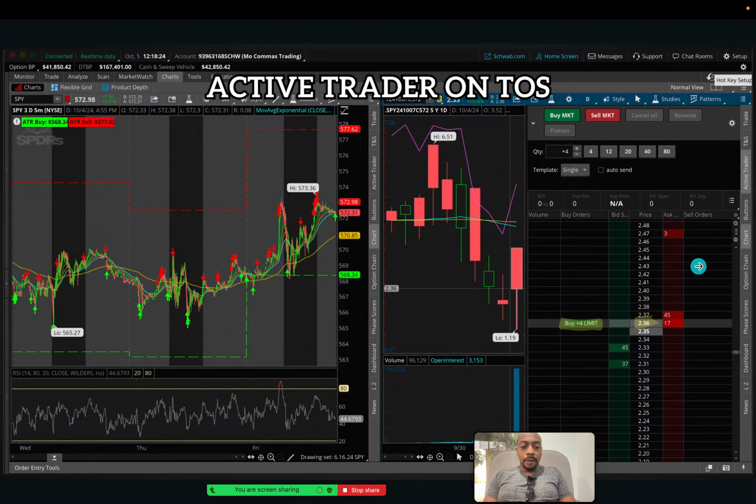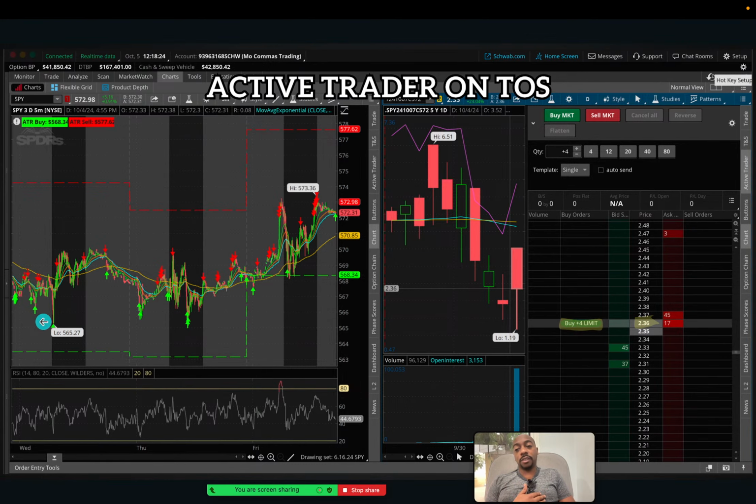So if I wanted to buy that particular strike at $2.36, what I would do is hover my mouse right there, put the quantity in, and then click that to put in a limit order at $2.36. I'm just showing you how I execute it.